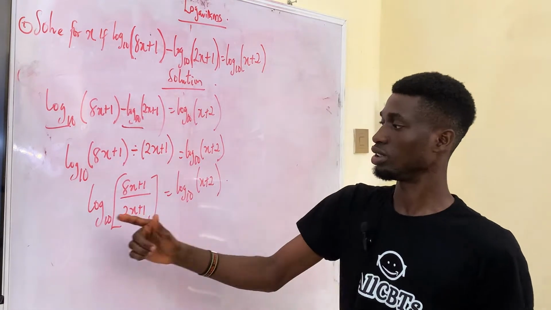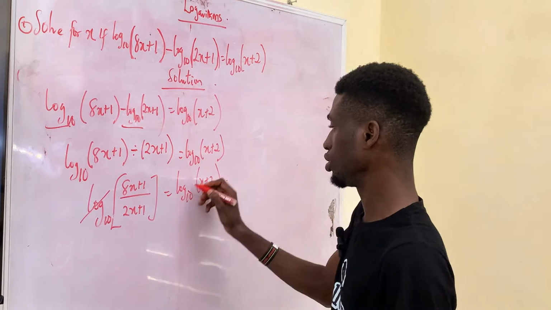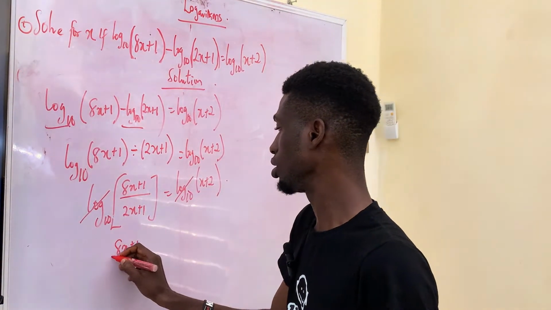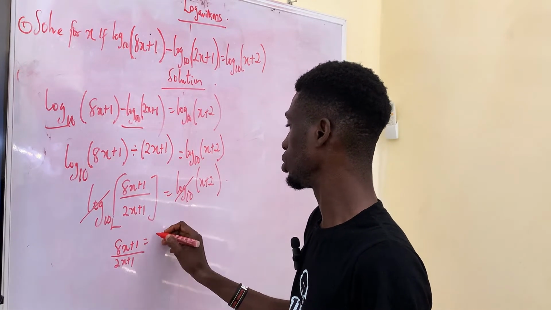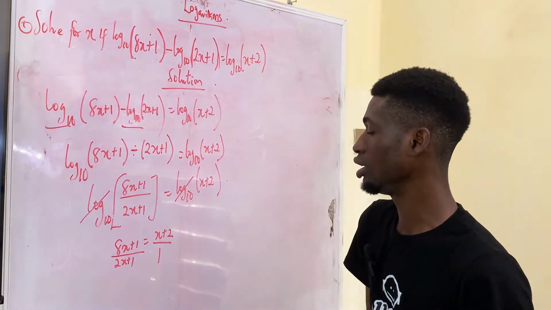Now since the bases are the same, cancel them out. So I'm left with (8x plus 1) over (2x plus 1) equals x plus 2.